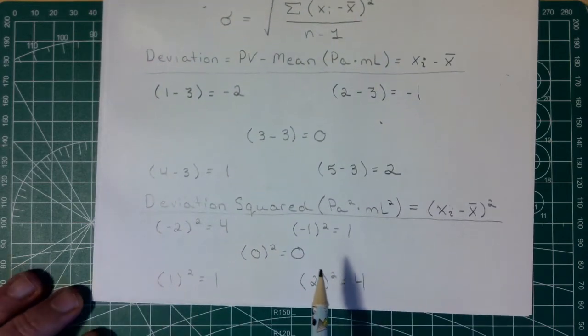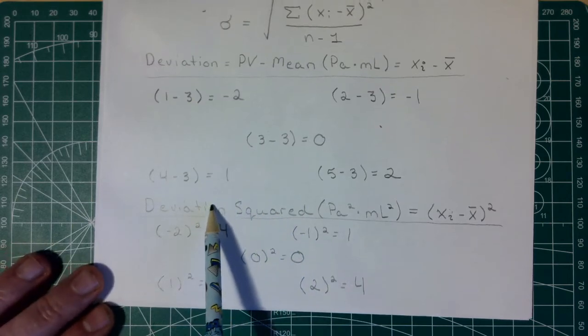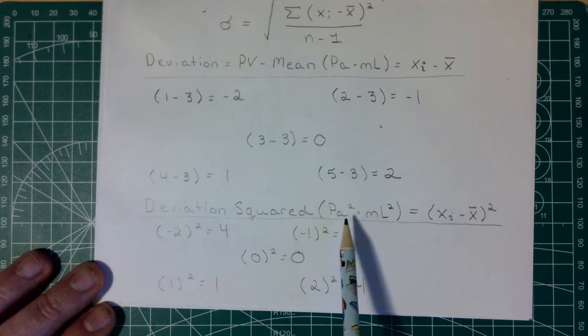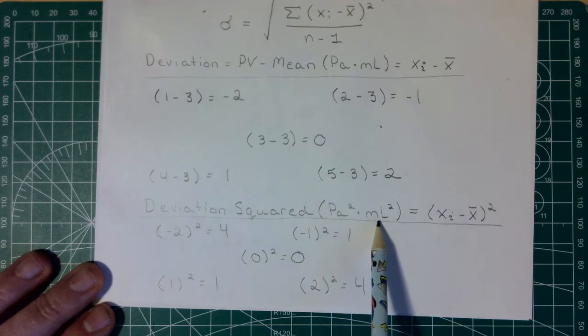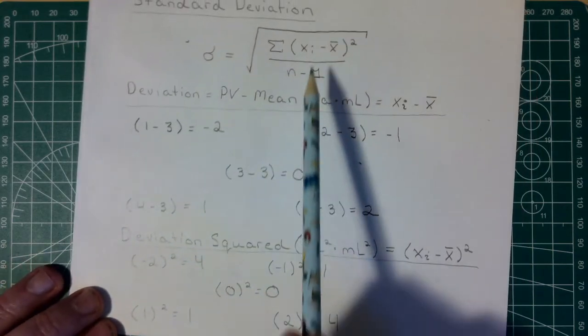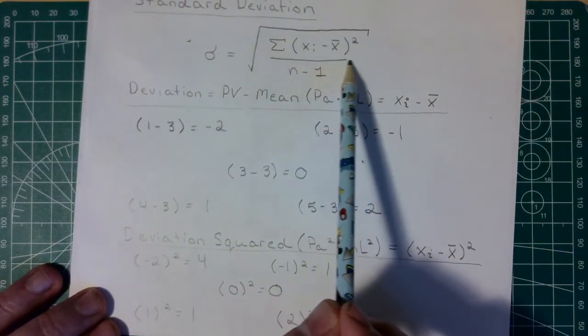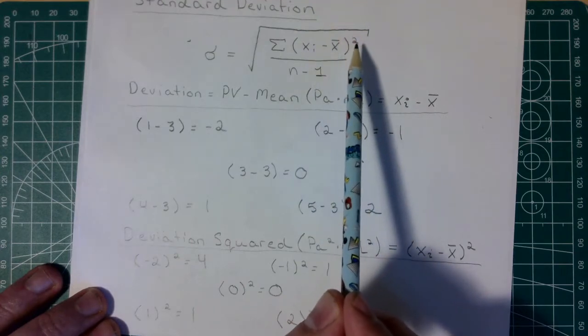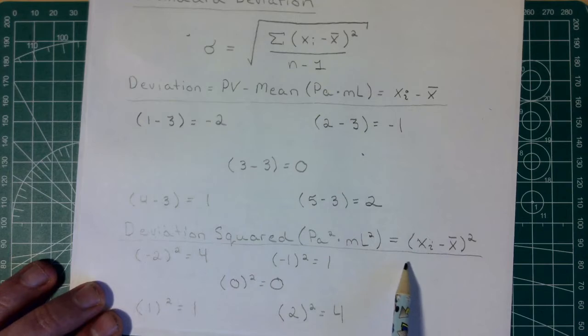The next part that we're asked to calculate is what they call the deviation squared. We're getting units of square pascals times square milliliters. And this is stepping out from this a little bit, this central piece with the square on it, looking like that.